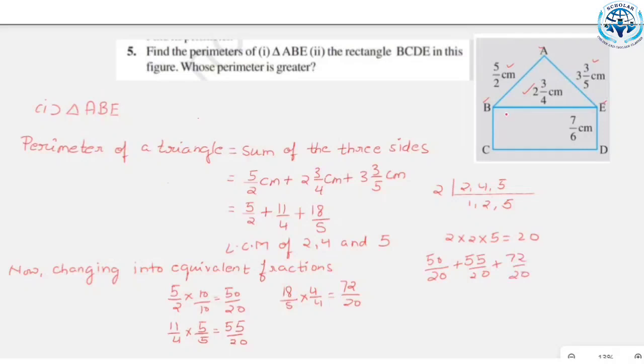All the three are like fractions. Sum is 177 upon 20.